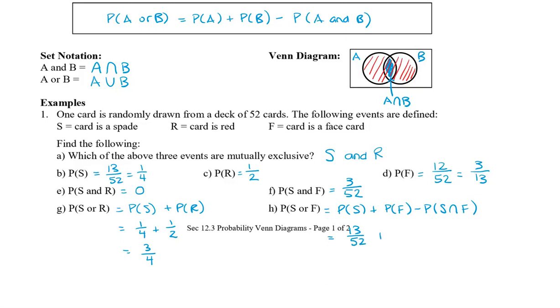And I'm not reducing because then it makes it easier to have the common denominator already. So plus, there are 12 face cards out of 52. And then we found from before that there are 3 spade face cards, so we're going to minus 3 out of 52. And when we do all of that, we get 22 out of 52, which equals 11 out of 26.